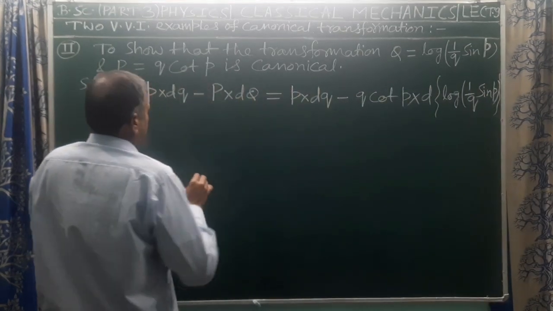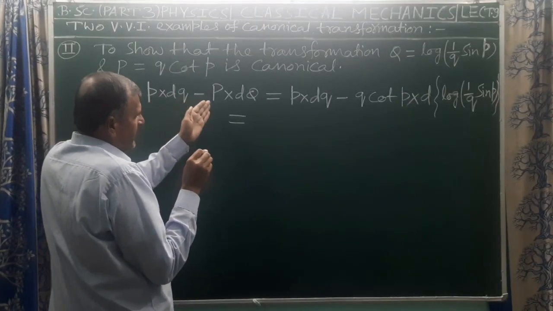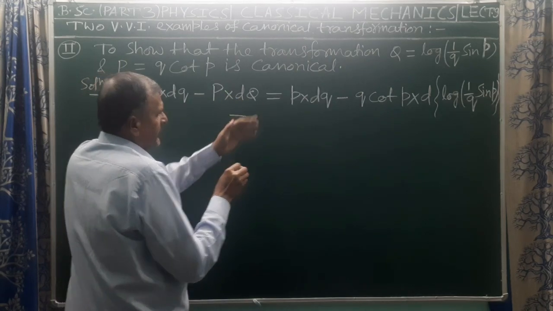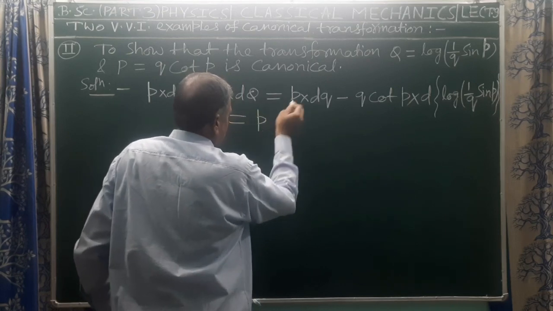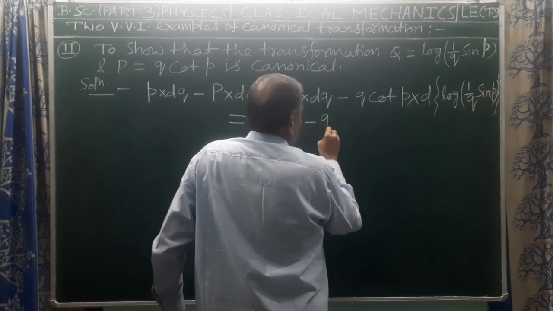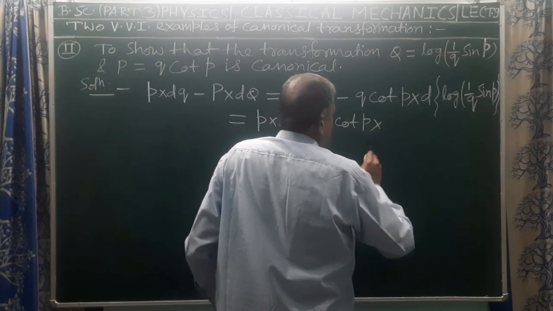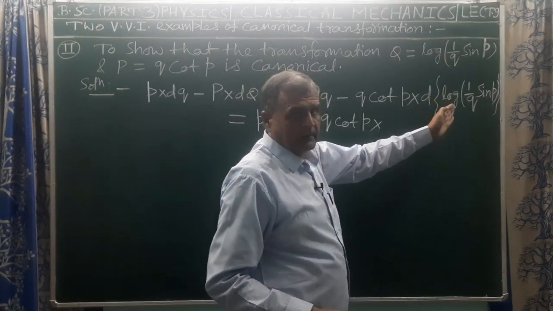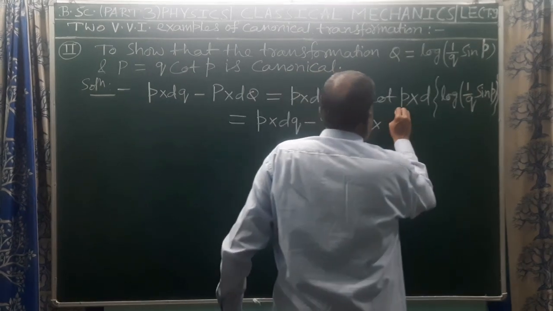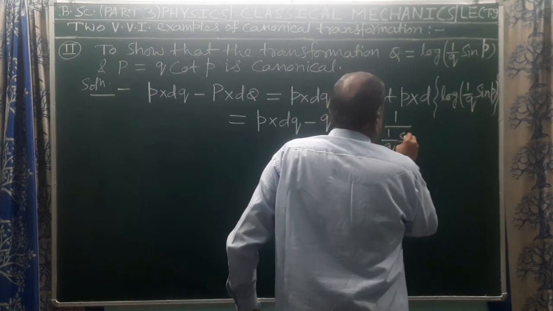Now we have small p into dq minus capital P into dQ equals, we can write, the first term is small p multiplied by dq minus, the second term is small q cot p multiplied by the differential of log of 1 by small q into sin p, which is 1 by q into sin p.